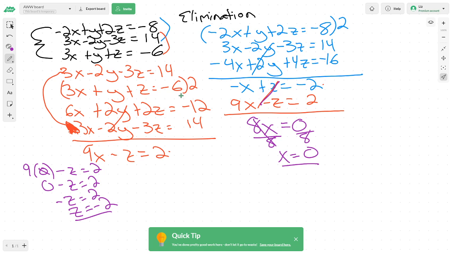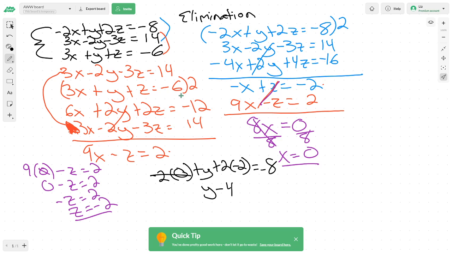Then I plug both of this x and this z into one of my original equations, and I get negative 2, I'm just going to go to the top one, times 0 plus y plus 2 times negative 2 equals negative 8. So that's just 0, that's gone.